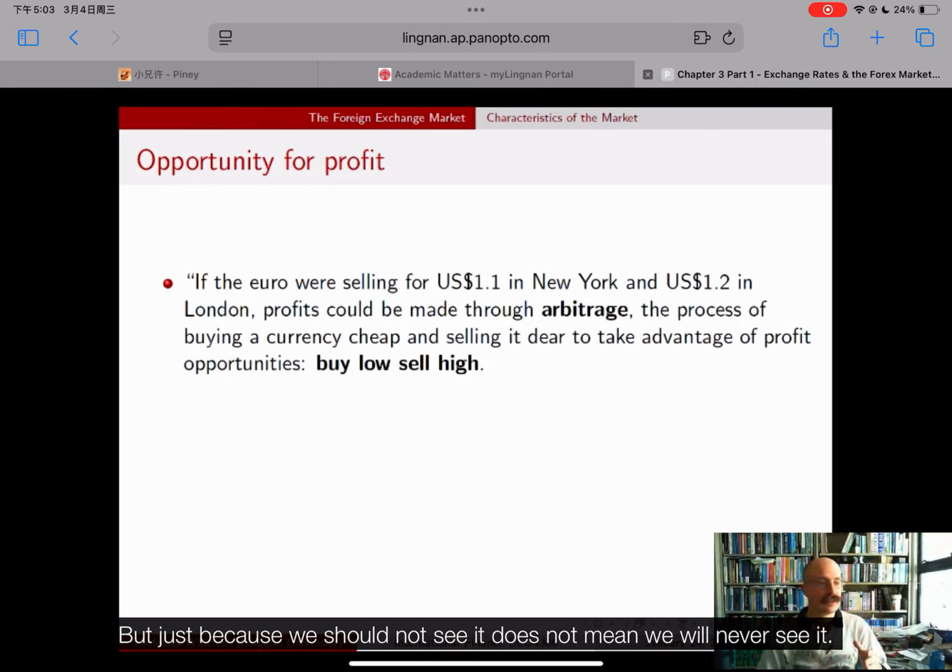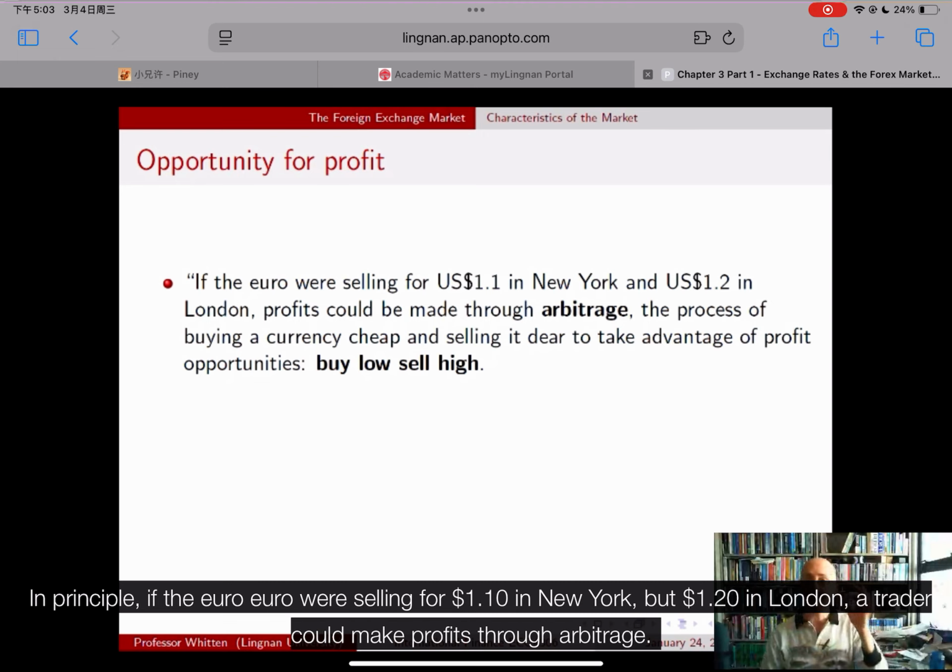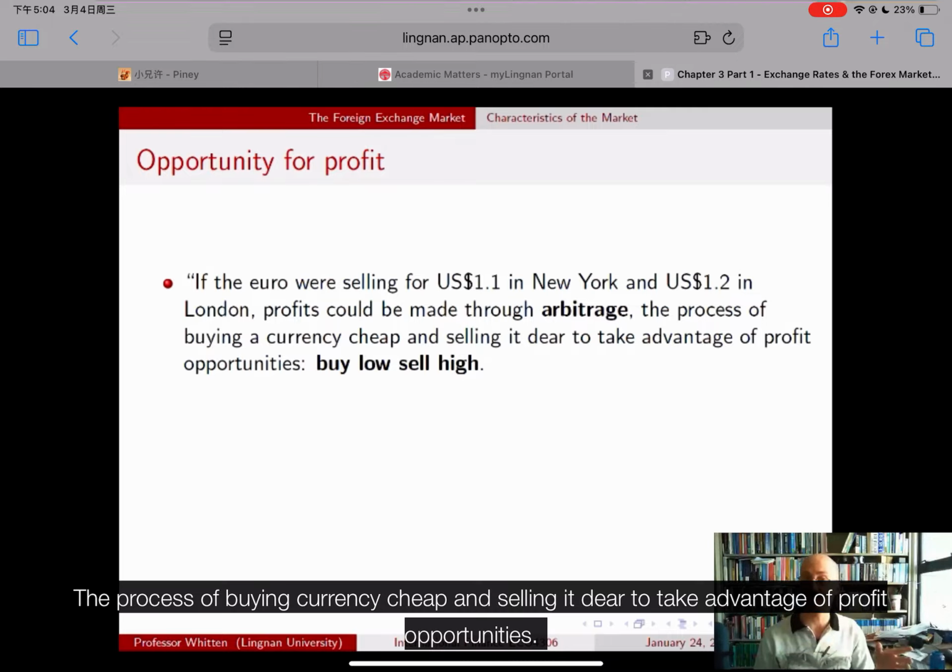But just because we should not see it does not mean we will never see it. In principle, if the euro were selling for $1.10 in New York, but $1.20 in London, a trader could make profits through arbitrage, the process of buying a currency cheap and selling it dear to take advantage of profit opportunities.